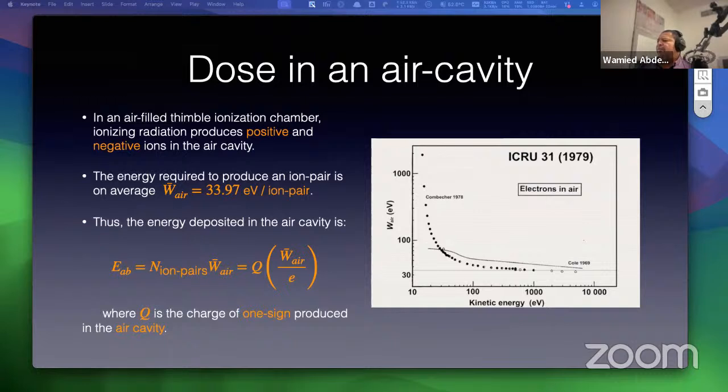But if we had an alpha particle or protons, for example, this W air over e might be different. It's not going to be 33.97. It's going to be a different value. If you're interested, you can look at ICRU 31, where they discuss this factor in depth.